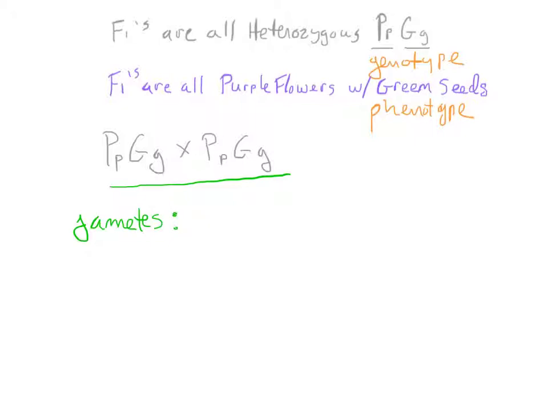Since the gametes are haploid, each gamete will contain two letters, such as big P, big G. That's one gamete. This is another gamete. This is the third type of gamete, and this is the fourth type of gamete. Four types.